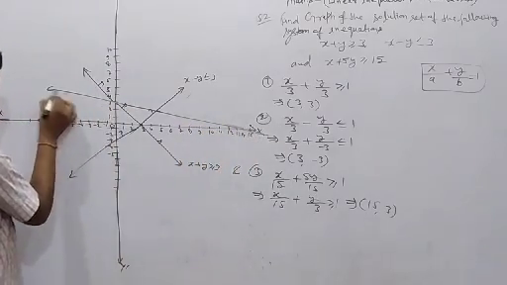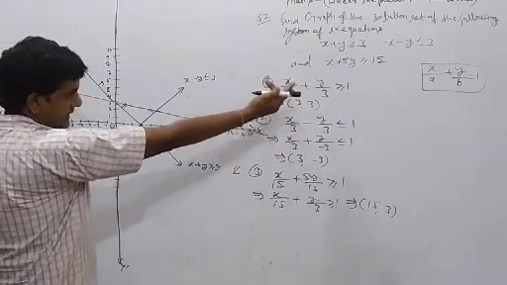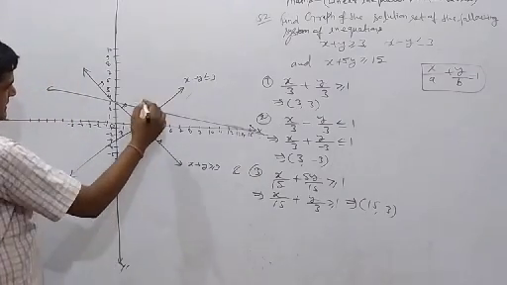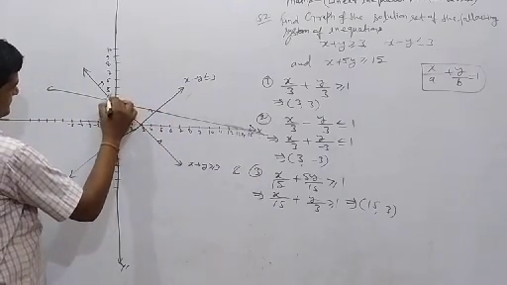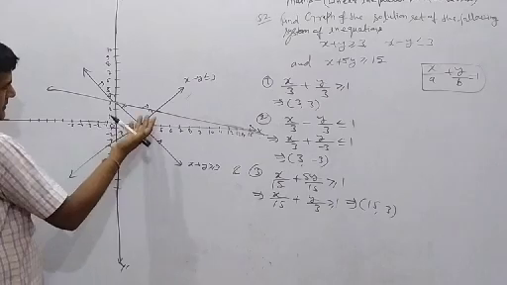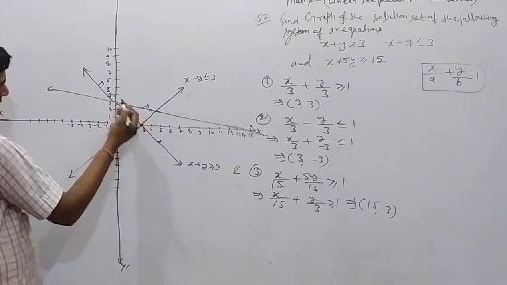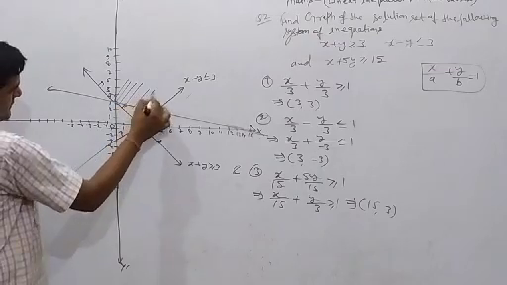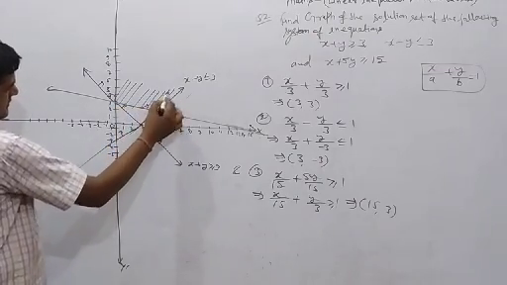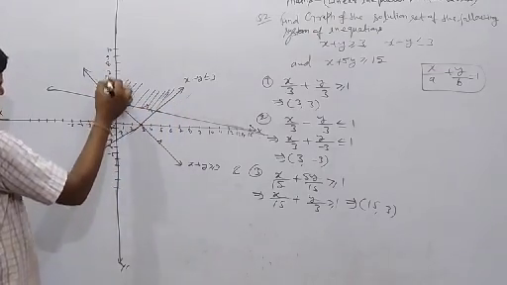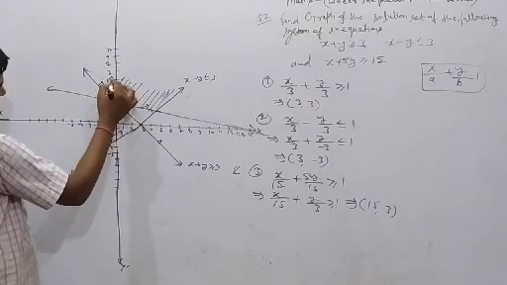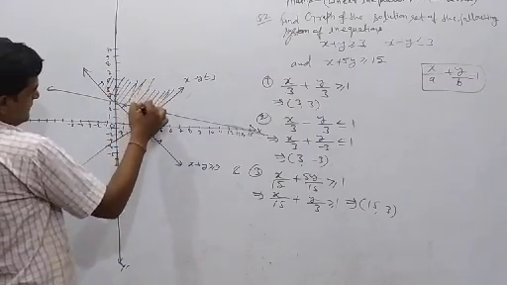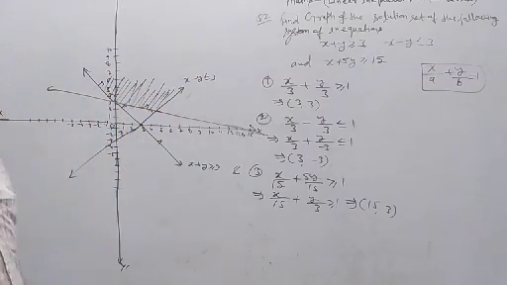And the value was more than, means above here. Above means we can put it like this, this side here. Clear? Now this is a value.